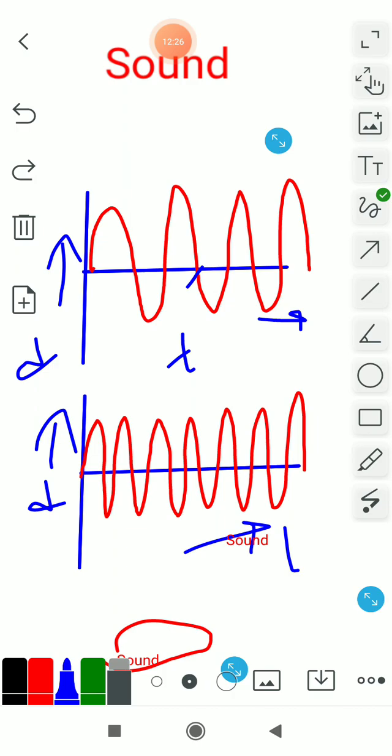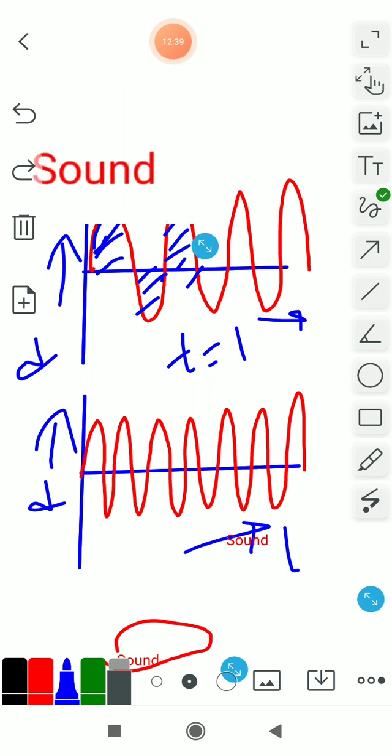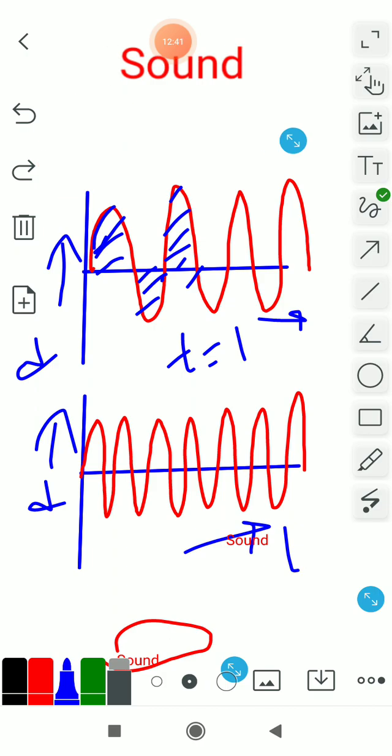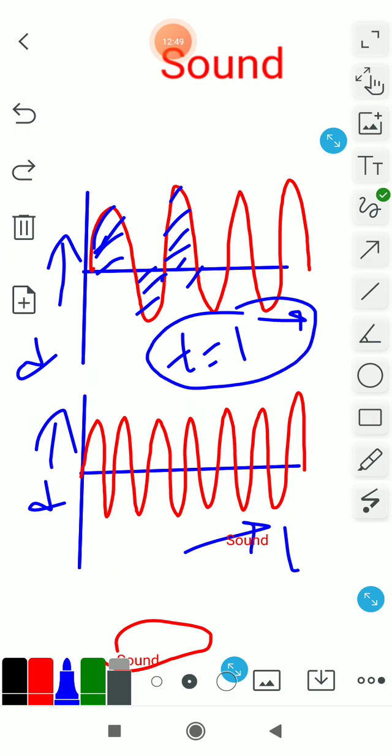Here you observe that at time t equals 1 second, first one cycle, one half cycle, one full cycle, another half cycle. That means one full cycle and one half cycle has been covered at time t equals 1 second.